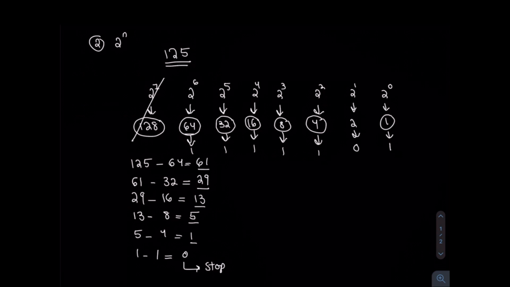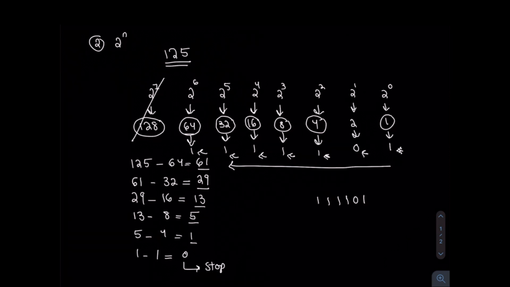So then read the number from here to here, from right to left, and write it down. So 1, 0, 1, 1, 1, 1, 1. And that's the binary number to 125.